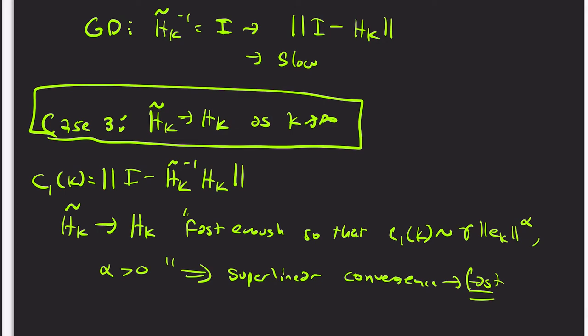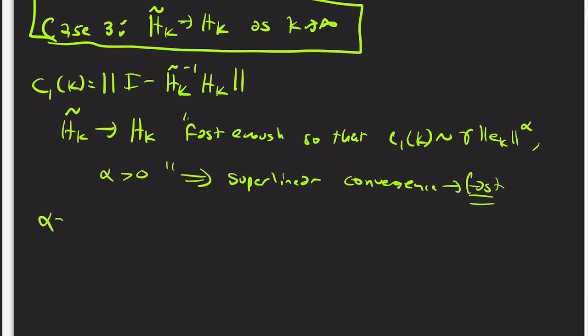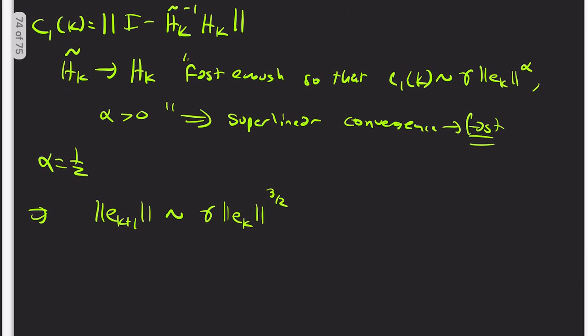So it's not insanely fast like quadratic. So let's say that alpha is 1/2, right? Then that tells us that e_{k+1} goes as some constant gamma times e_k to the 3/2 power.